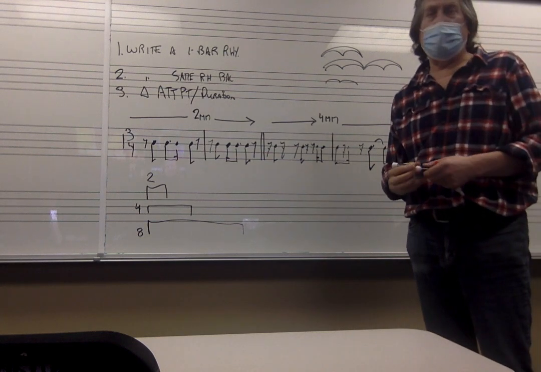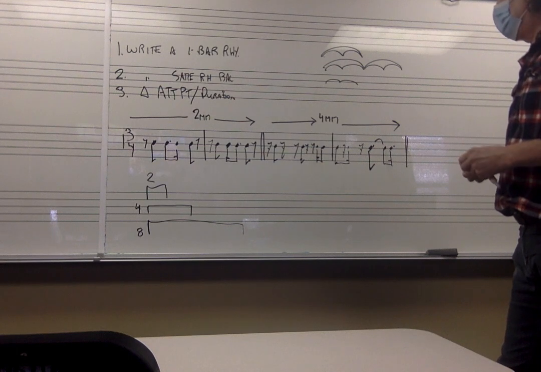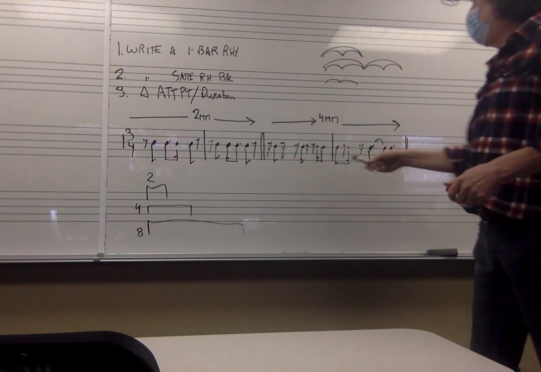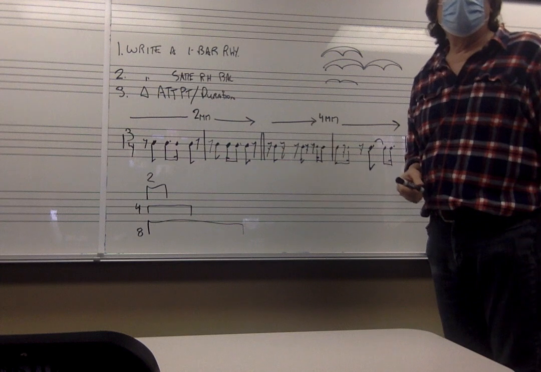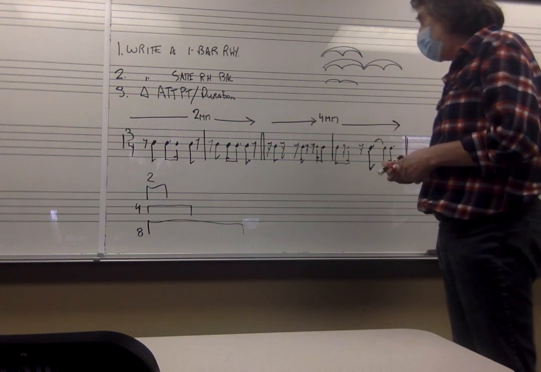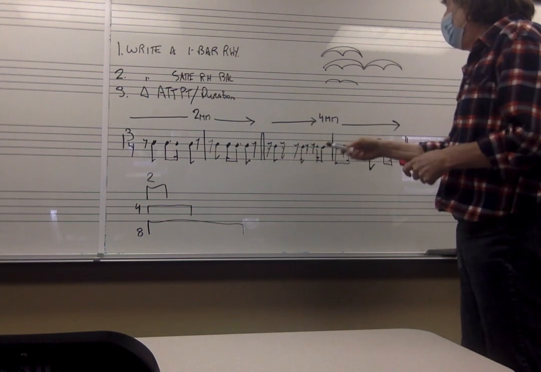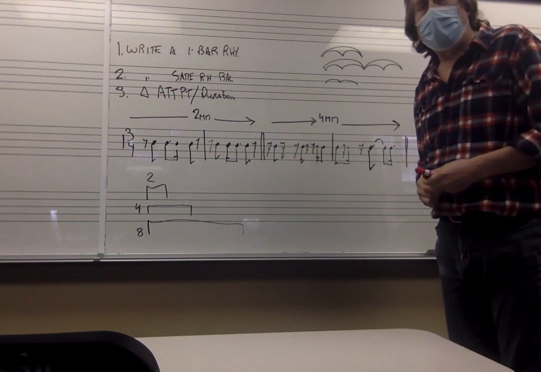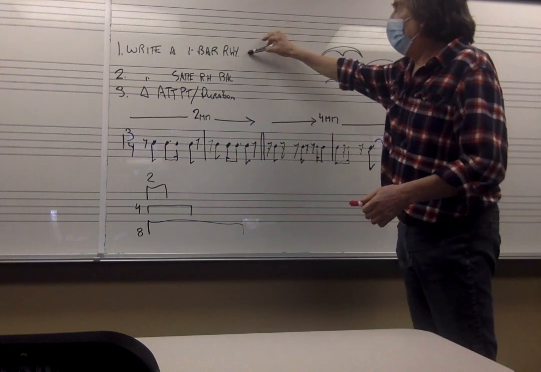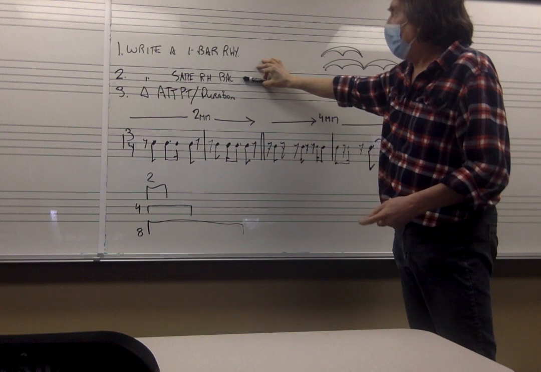I find this often very helpful in my own compositional technique. It's a good way of generating rhythms, and of course, it's generating a basic rhythm. And as you're writing along, if something occurs to you, then you can change this as well. So write a 1-bar rhythm, write the same rhythm backwards.